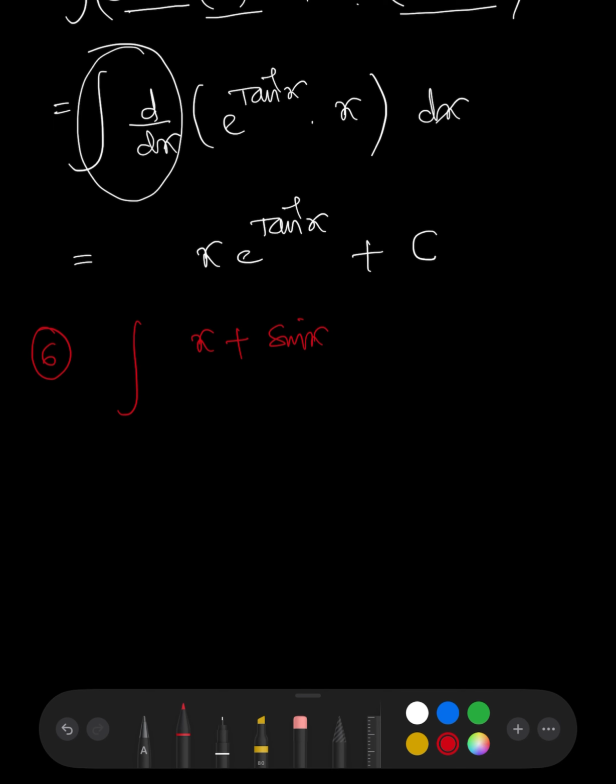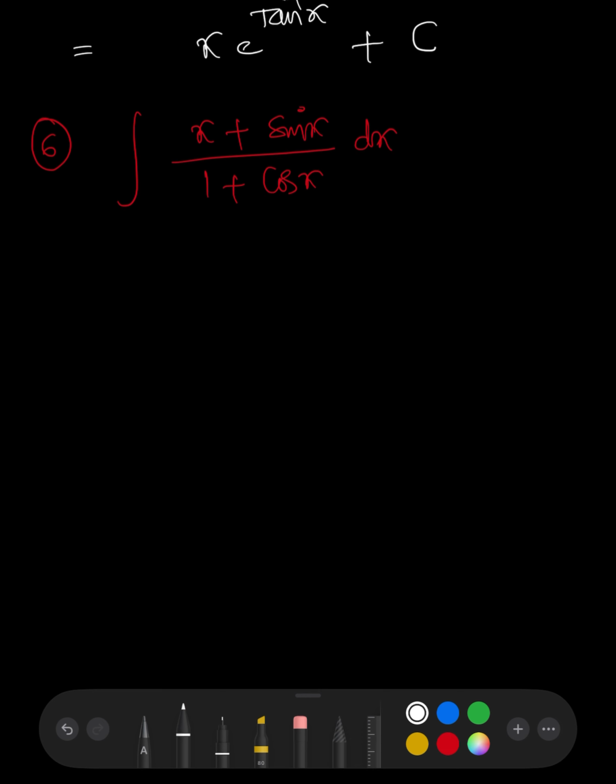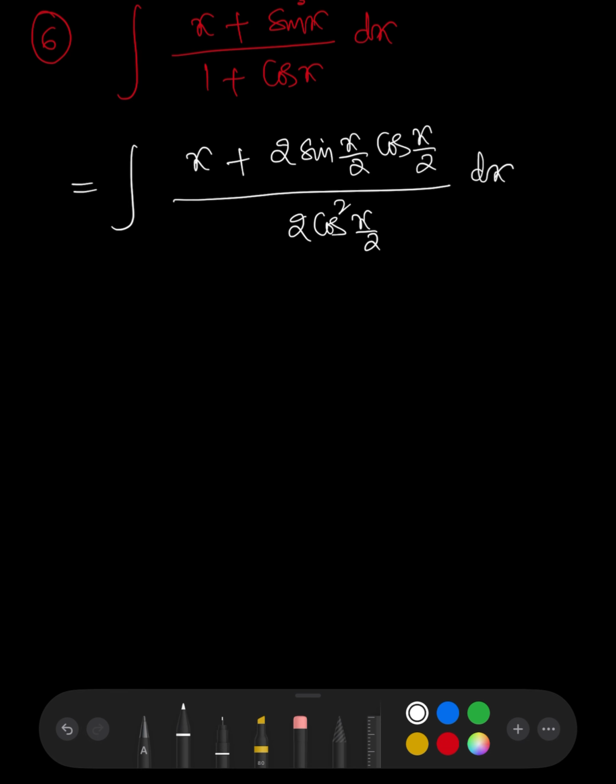Coming to the next question, the same type of question, that is integration of x plus sin x by 1 plus cos x whole dx. Same type of question, integration with derivative. We can write x plus sin x as 2 sin x by 2 cos x by 2 divided by 1 plus cos x, which is nothing but 2 cos square x by 2, whole dx.